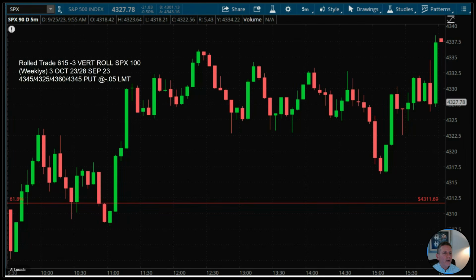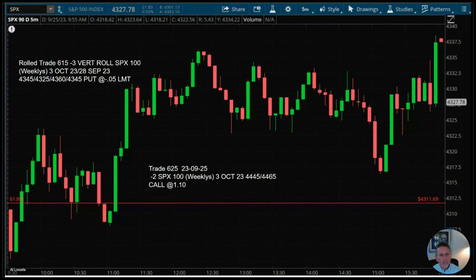You can see here that we went from 43.45 to 43.25, and then we widened that to a 15 point position. So we got a 0.05 limit on that as a debit.